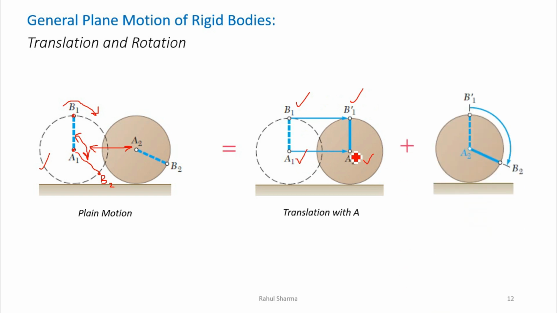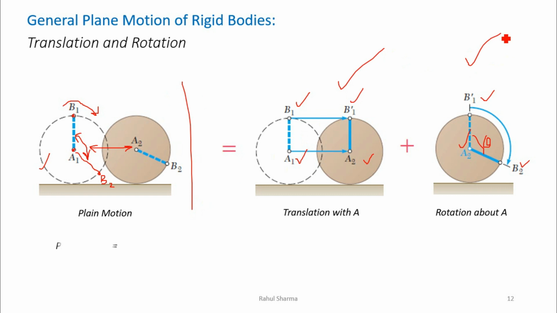Second, A stays at the same position but B has traveled an angular distance theta. So I can divide a plane motion into translation as well as rotation. This is known as general plane motion of a rigid body.